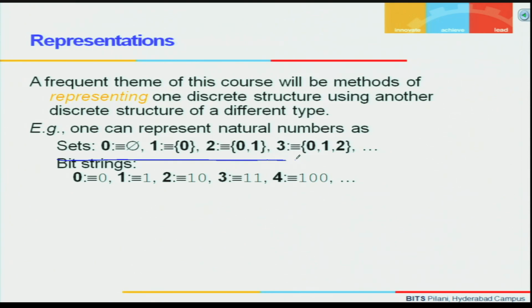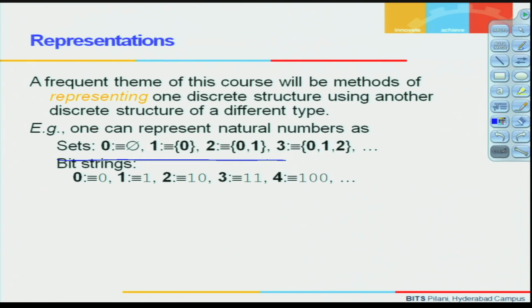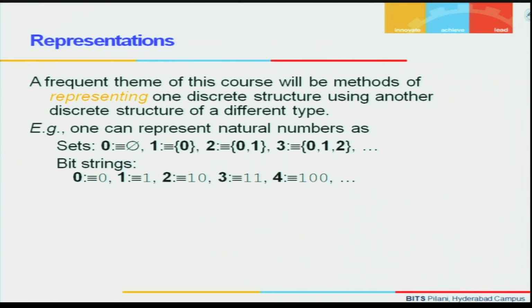The beauty of this course is, can we represent one discrete structure in terms of another discrete structure? Yes, we can represent it. The set of natural numbers is a discrete structure because basically it is a countable set, a countably infinite set.